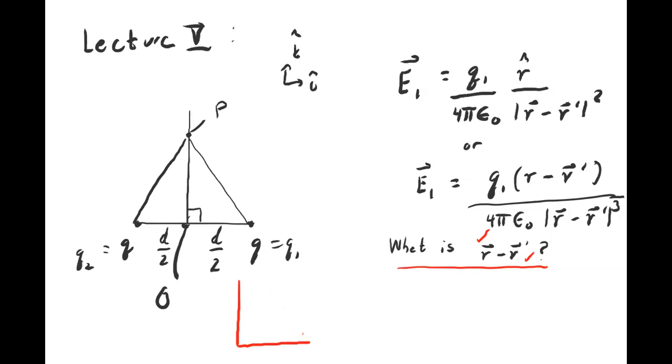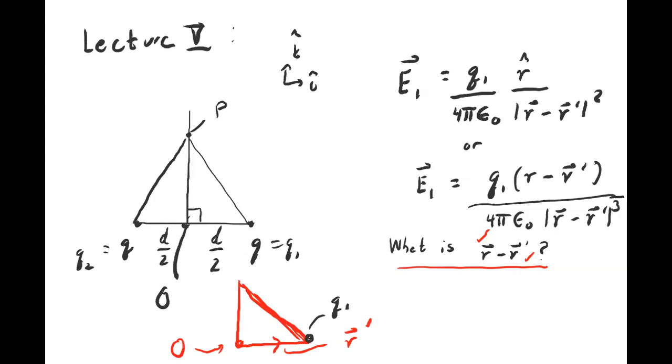So we always have to pay attention to the origin. Where is the origin in this problem? In this problem, the origin is right here. There is a vector, r prime, and it goes right to where the charge Q1 is.